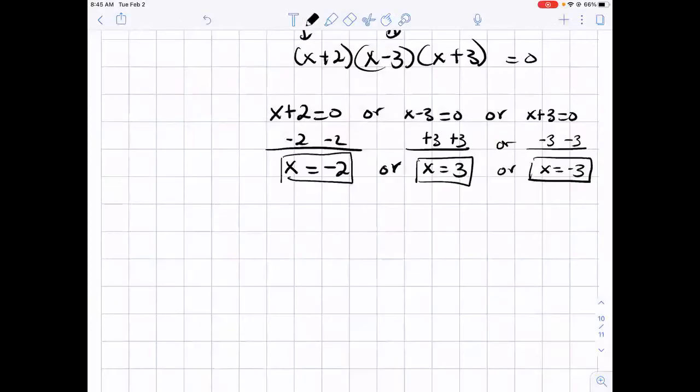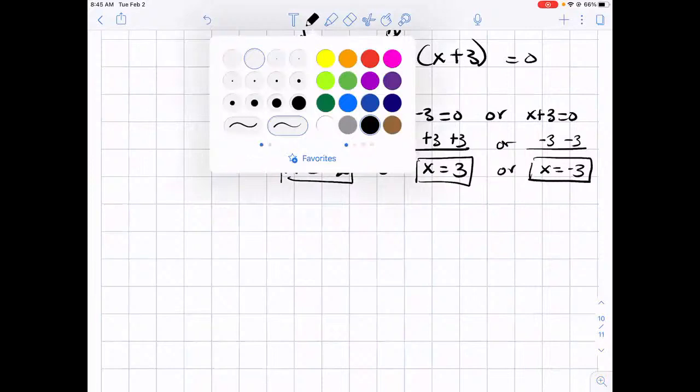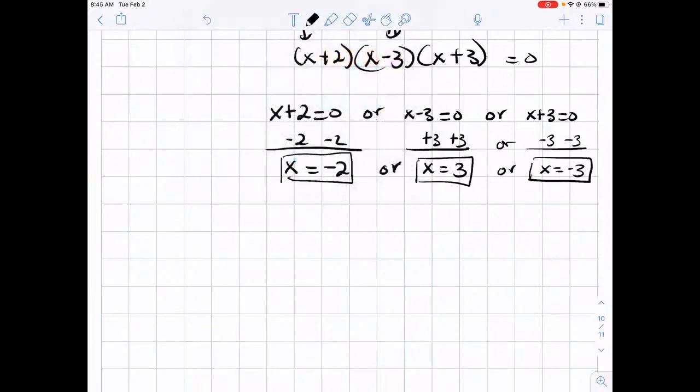So the last example I'll do is to show you something very unique. Example, solve x squared plus 6x plus 9 equals 0. Now you should see that this is quadratic.